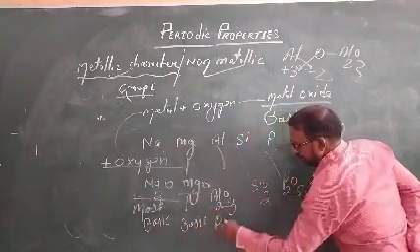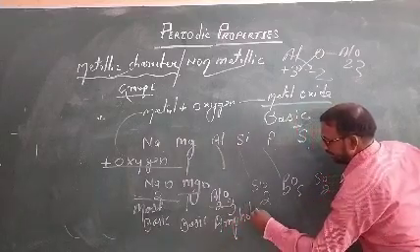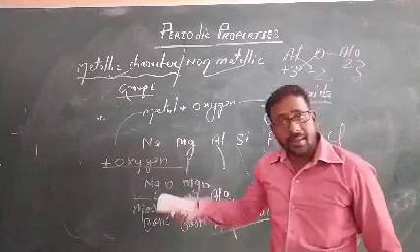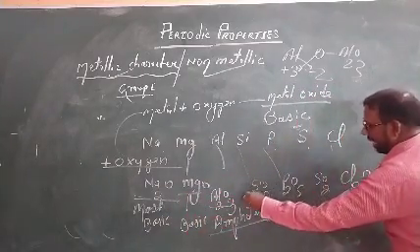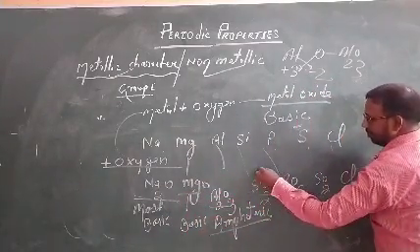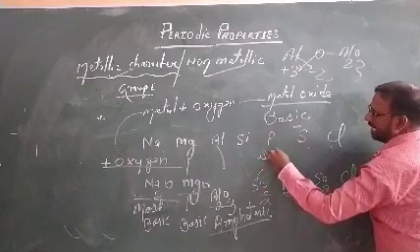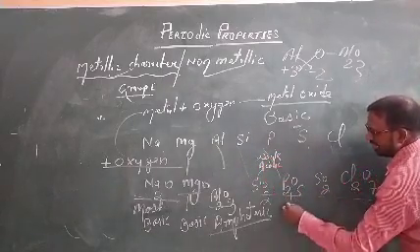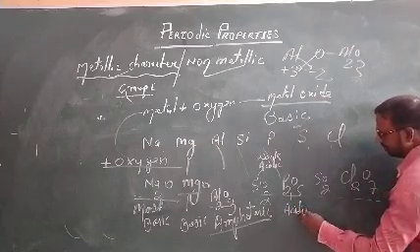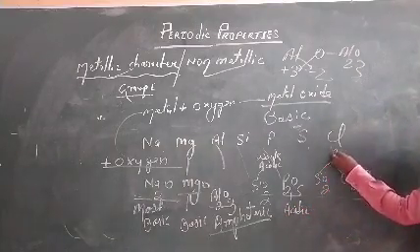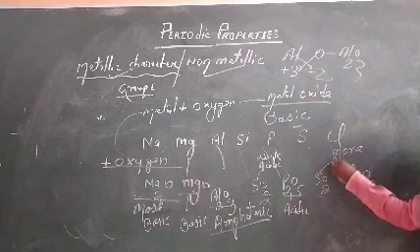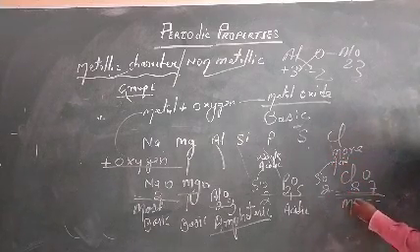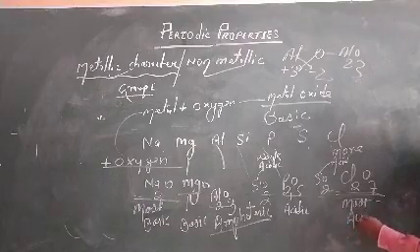This one is amphoteric. You know what is amphoteric? It behaves as both acidic and basic. In the case of the next one, it is acidic, meaning weak acid. In the case of phosphorus, it is simply acidic, then more acidic, and in the case of chlorine, it is the most acidic.